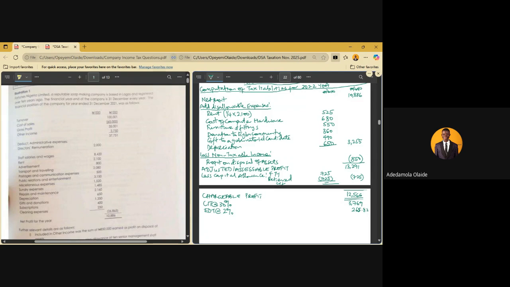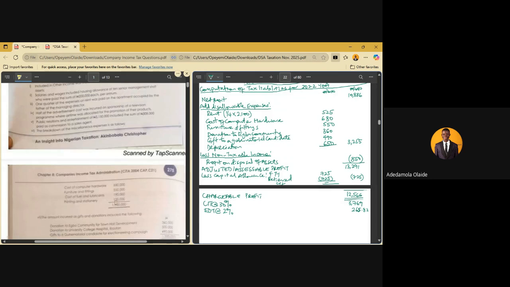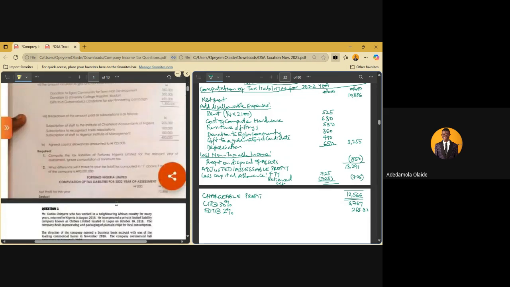So the second part of the question says what difference will it make to your tax liability computed in one above if the turnover of the company is 90 million and 1,000?